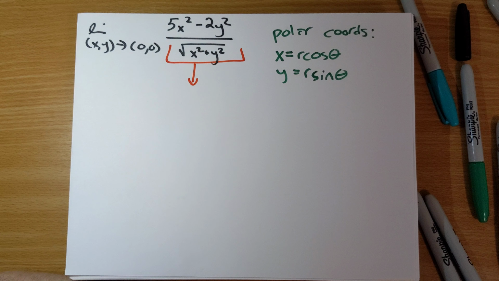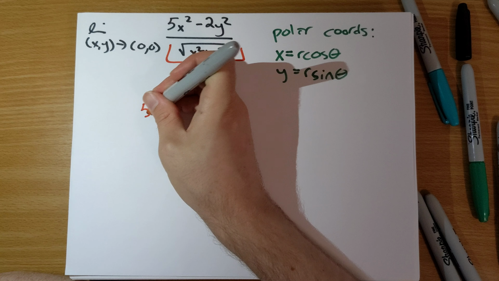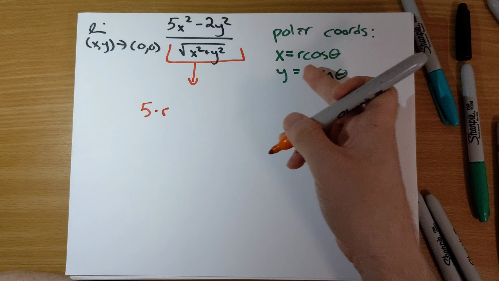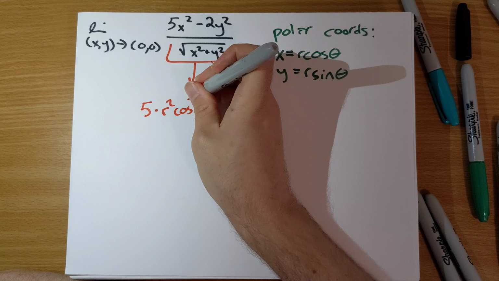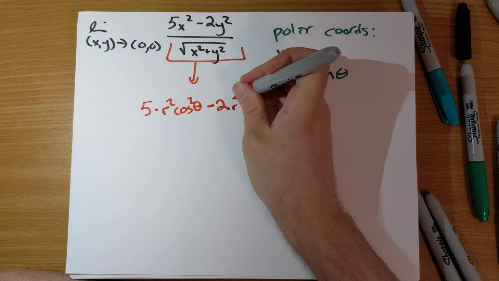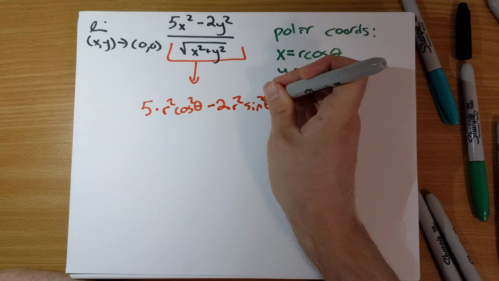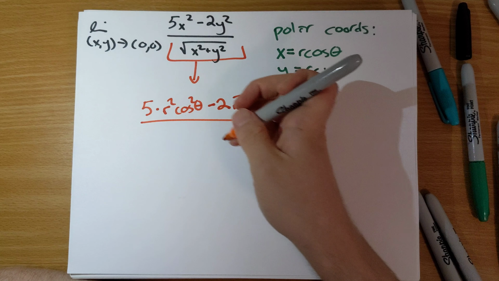the function we're taking the limit of is going to become 5 times x squared, which is r squared cosine squared theta, minus 2 times r squared sine squared theta, all of that over the square root of x squared plus y squared.